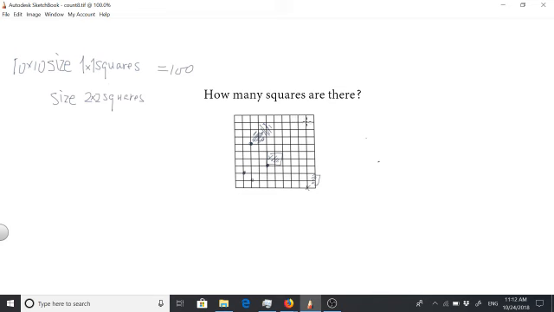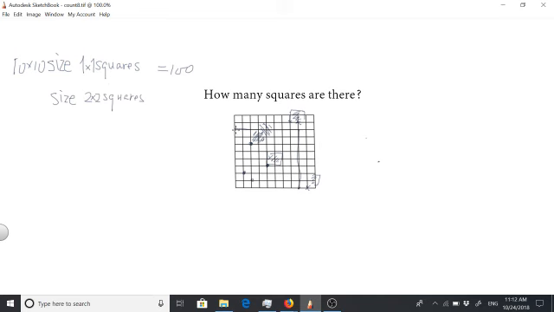If you come here, this point doesn't work. Anything here doesn't work because it goes up, outside the picture. So anything below the second line and anything to the left of this line, the points here can be a lower left corner.